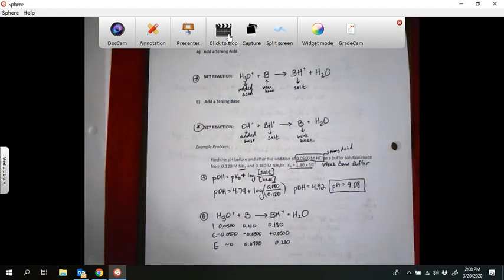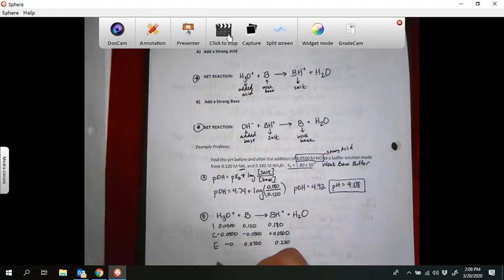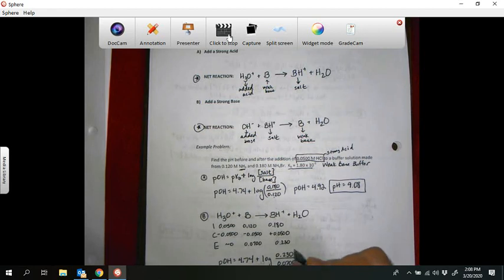So now we can use these two values to plug back in here to our pOH Henderson-Hasselbalch equation. Our pKb does not change. Our salt concentration is now 0.230, and our base is now 0.0700.